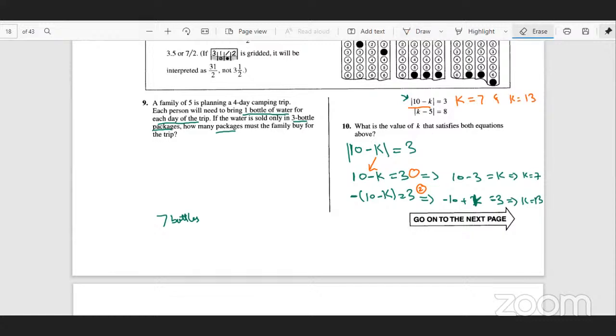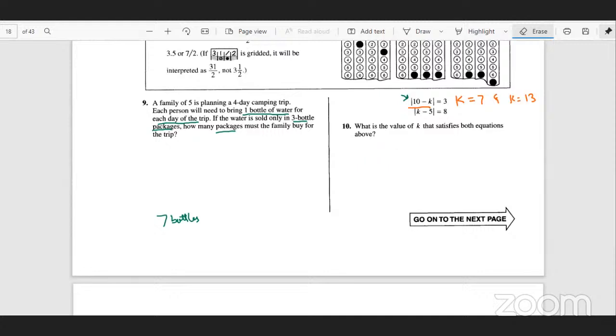So far we have just discussed the first equation, that is mod of 10 minus k equals 3. Let's do it for the second equation as well. Again, steps would be the same. I will get two equations when I get rid of this mod. So I have mod of k minus 5 equals 8.